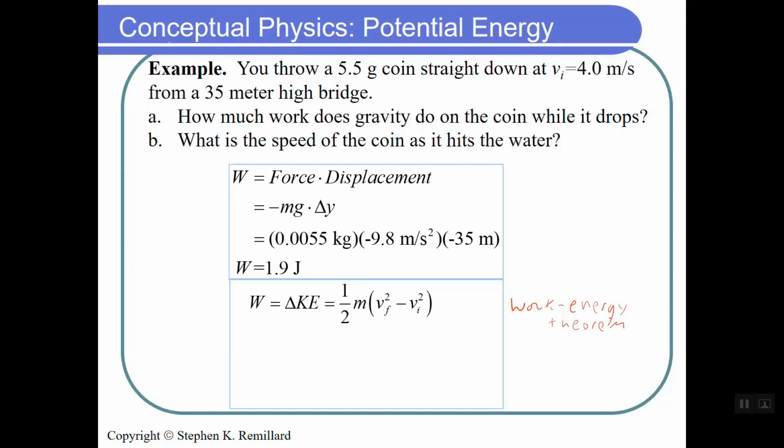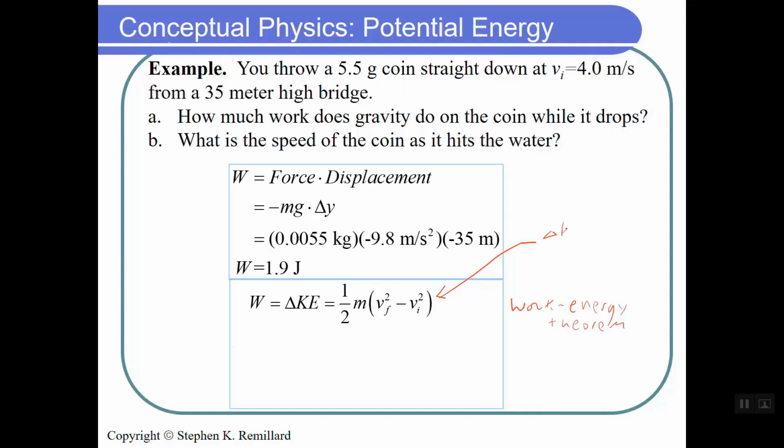Remember the work energy theorem? If you do work on something, its kinetic energy changes by that amount. So the 1/2 mv squared final minus the 1/2 mv squared initial is the change in kinetic energy, and that's also the work that's done. Some of you may be missing this algebra here, so let me put in a step here.